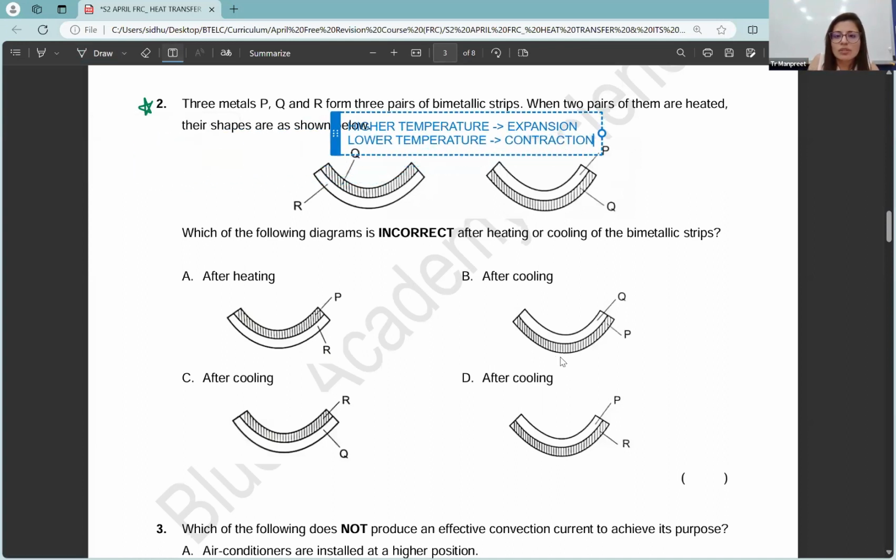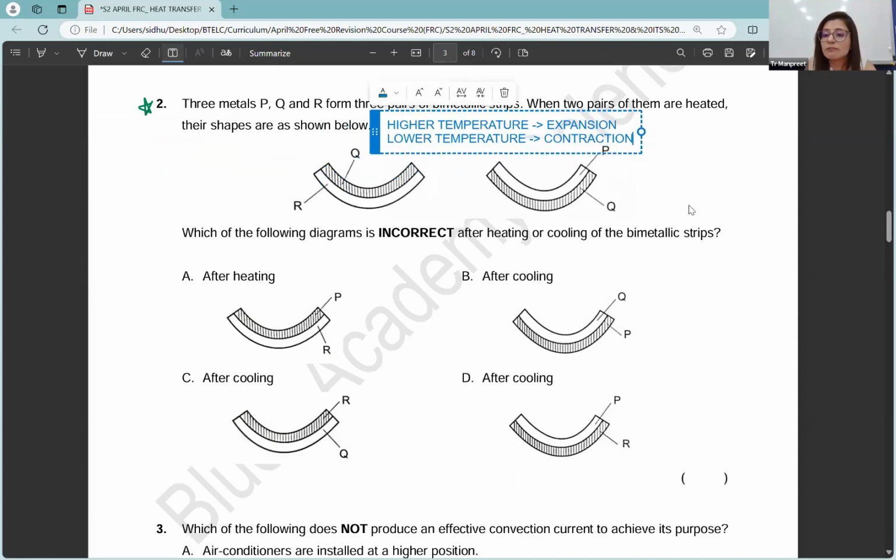This concept is applied in the bimetallic strip. Students often get confused by not knowing where each strip is supposed to be. The rule of thumb is very simple: the one that expands the most will bend the most.